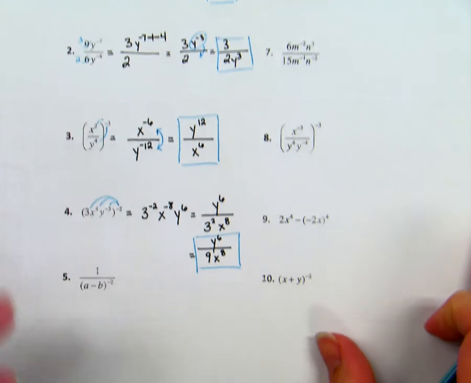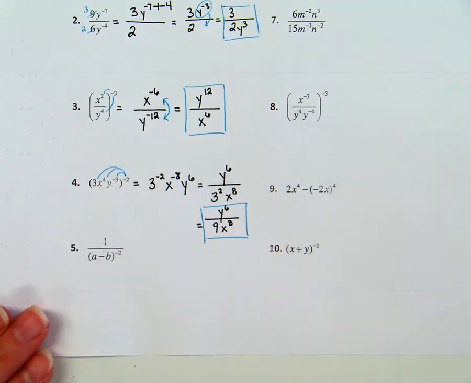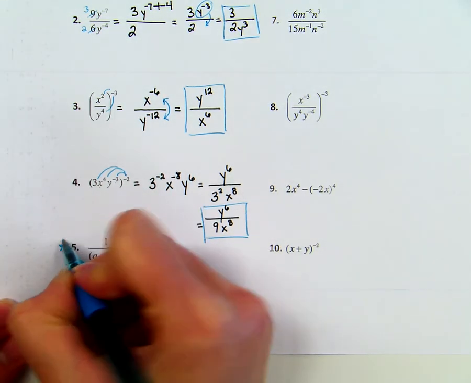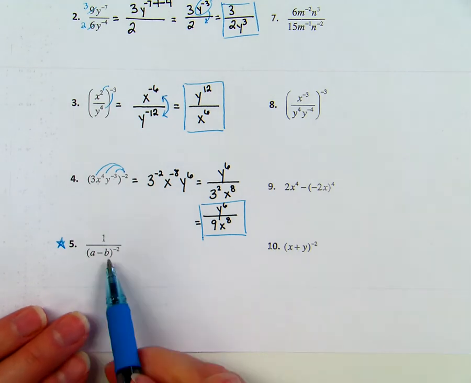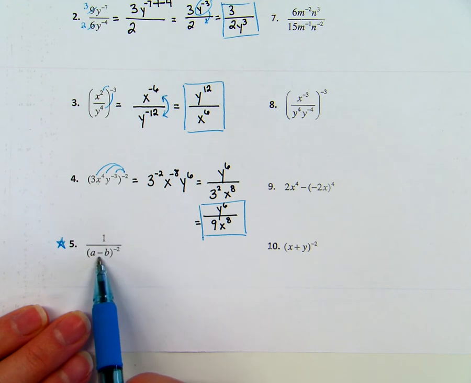Our final problem in this row, or column, is 1 over a minus b to the negative 2nd. I would recommend starring or highlighting this problem because this is often a problem that I see common mistakes on. This problem is not the same as number 4. We can't simply distribute this exponent because there is a subtraction.